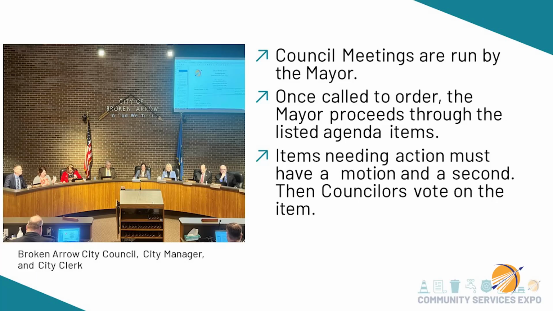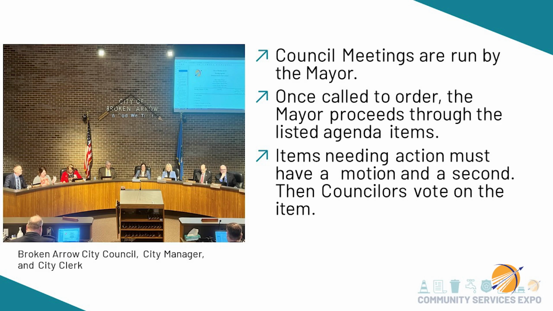City council meetings are run by the mayor. At 6:30 Tuesday, the mayor will call the meeting to order, and then the councilors will proceed to go through the agenda items. As far as the procedure on how something is passed, for items that need action, a councilor will make a motion, I move to approve the consent agenda.